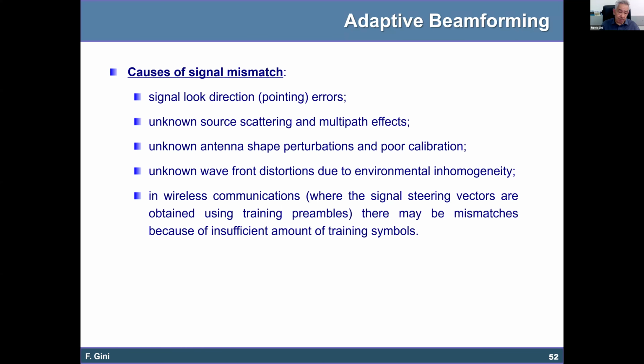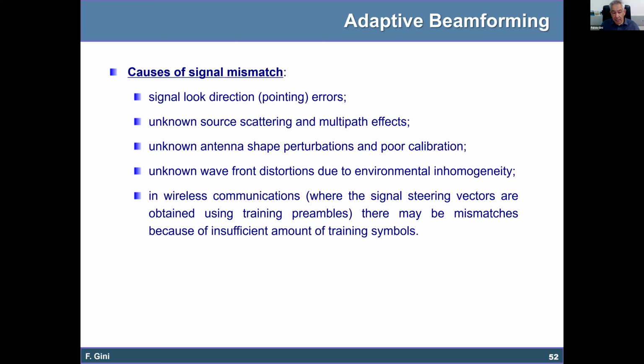There can be any non-ideality in the design of the antenna shape. The array can be poorly calibrated, so we don't know exactly where the sensors are, and we don't know exactly the frequency response of each sensor.